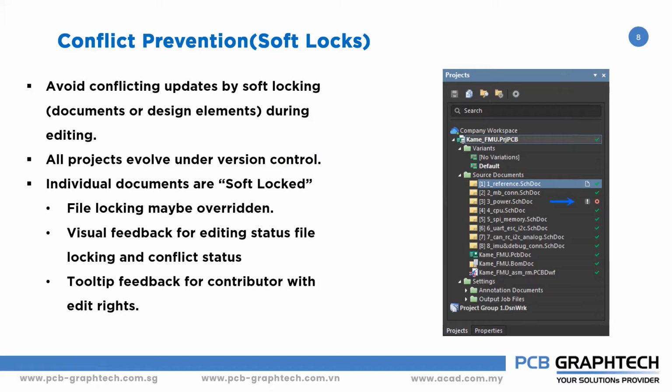The second user, when he tries to edit it, will not be able to; he will get the information that it is locked and being edited by the first user. But still, the second person can override and make the changes. And this override will be identified and informed to the first user as well. Okay, so this conflict prevention can be identified.